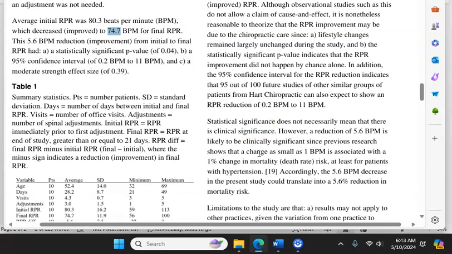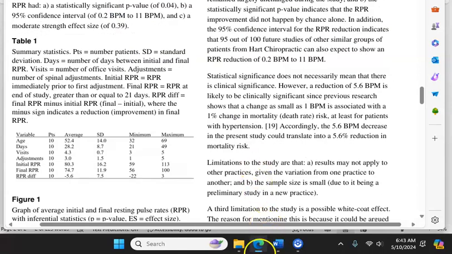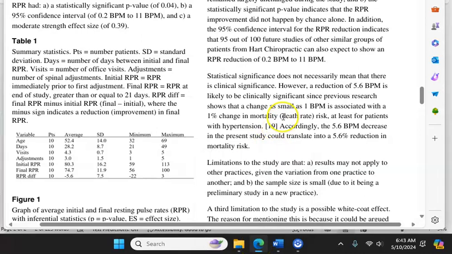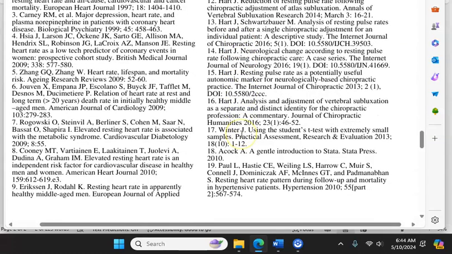So you can pick a study in your selected paper and briefly compare. And I compare to a study here, reference number 19, a study on hypertension, and that study is here, number 19.